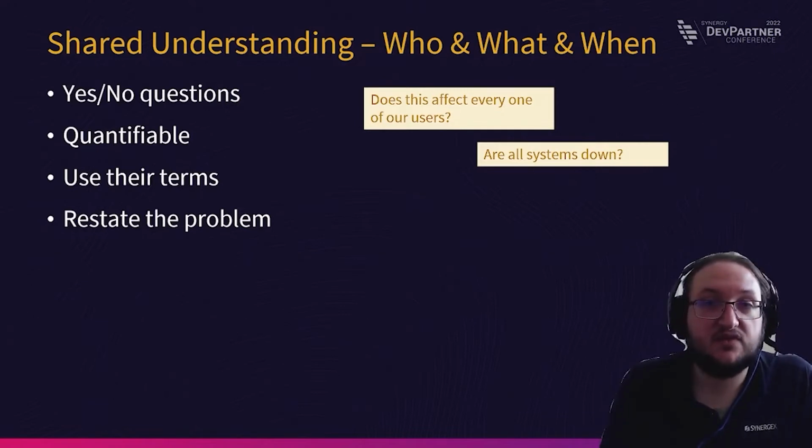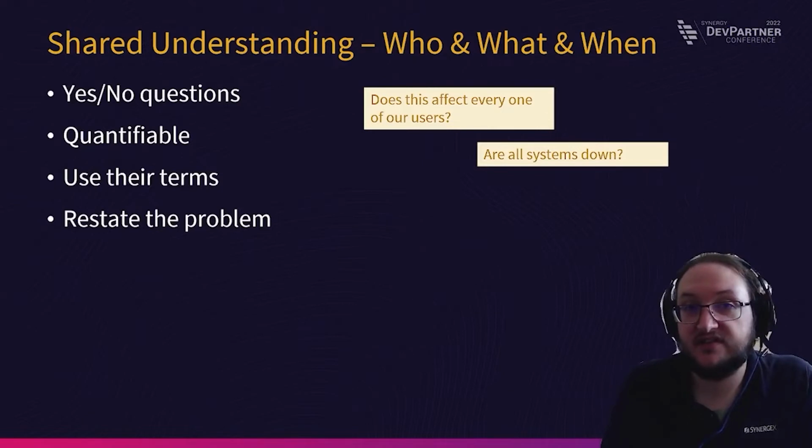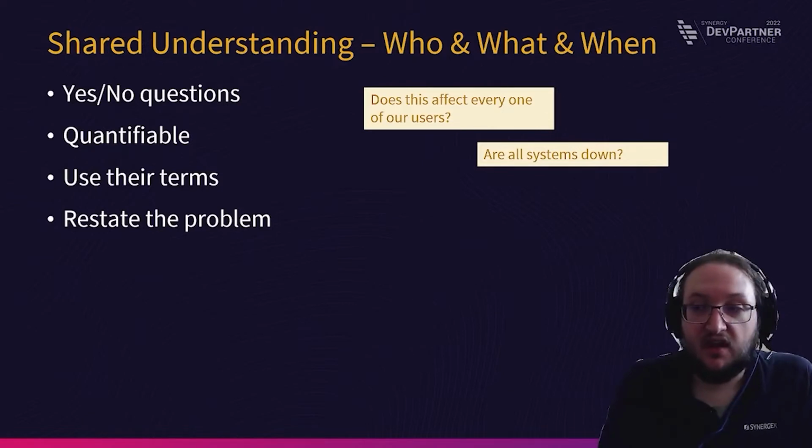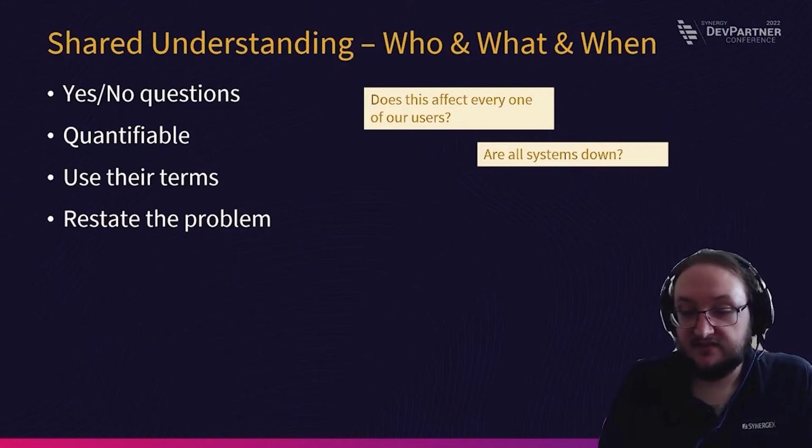And then of course we want to use defined terms that everyone on the call understands. So if someone uses a term you're unfamiliar with, let's establish what that means. Maybe you call something by a certain name, but that's only one part of that process, and the system as a whole is actually called this, and maybe the process that you're calling it is confusing because that's actually not what the problem is.